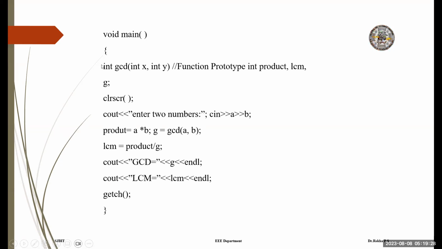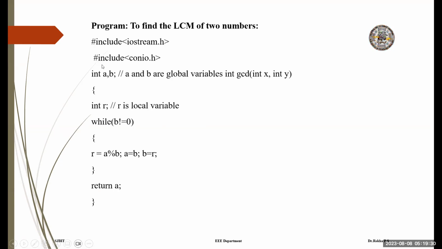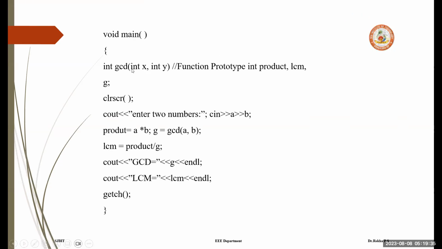In the main function, we have the prototype, that is the integer function GCD. Now enter two numbers. The user will enter two numbers A and B, and those values will be read into the variables A and B. We get the product of them and then the GCD of them.